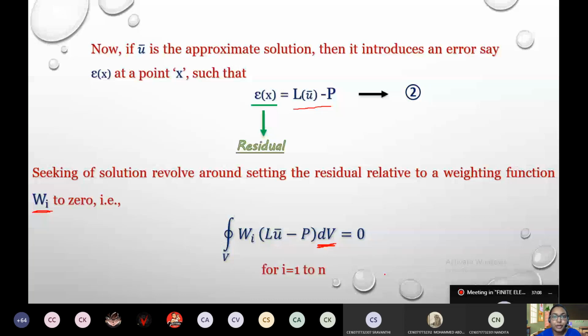For i equal to 1 to n, however many nodes or points we consider. Let us take this as equation number 3.